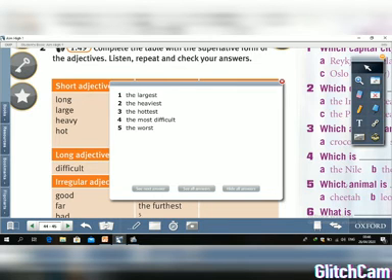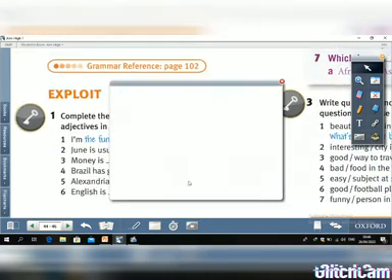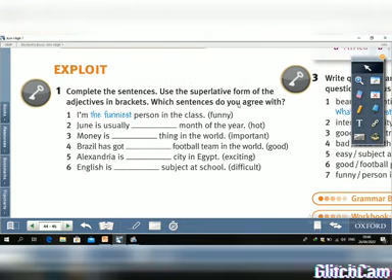Okay, let's solve that question using adjectives in brackets. I am the funnest person in the class. June is usually the hottest month of the year. Hot becomes, yes, the hottest.